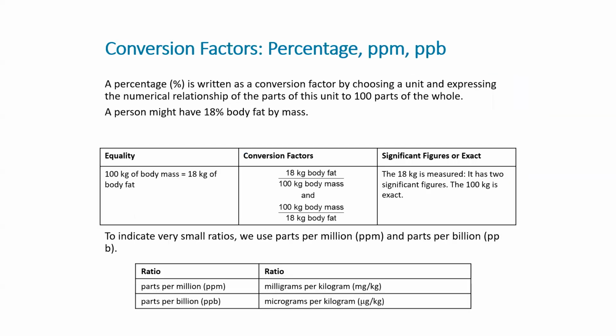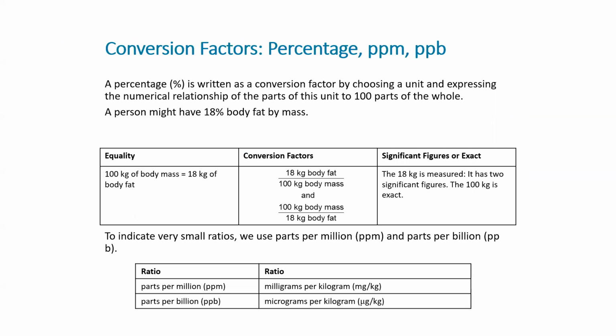All right, let's talk about how we can use percentage as a conversion factor and other types of concentration units, in terms of parts per million and parts per billion and what that means. So first of all, we were just talking about percentages, such as the mass percent.